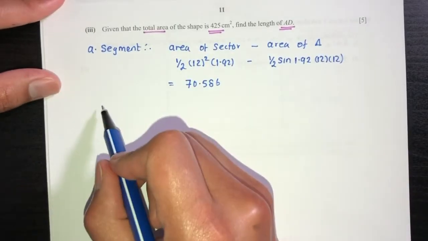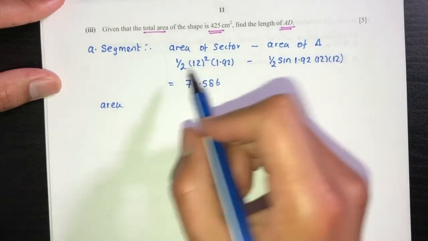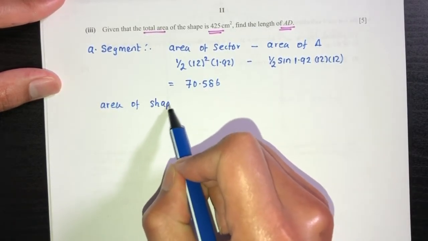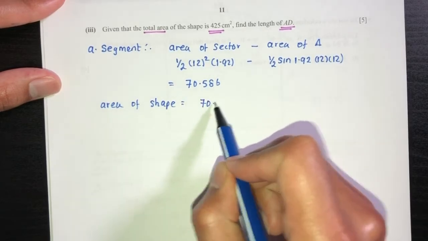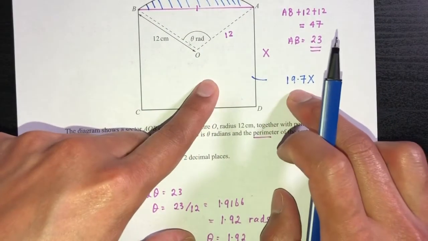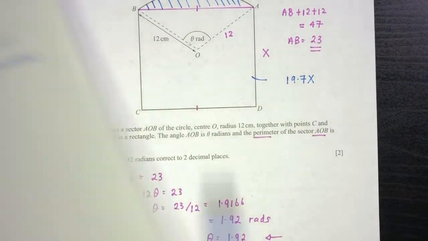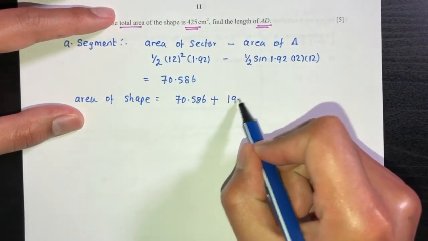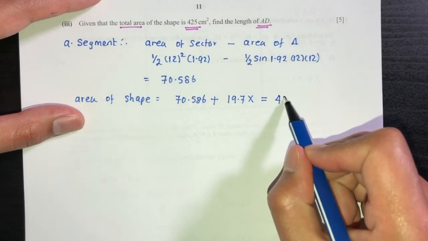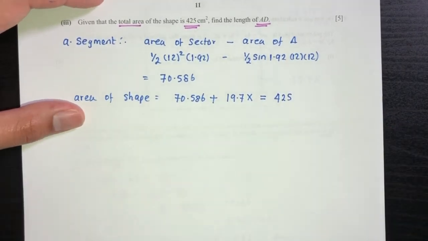Now area of shape is equal to 70.586 plus the area of your rectangle, which is 19.7x. It is supposed to give you 425. Now we have to solve for the value of x.